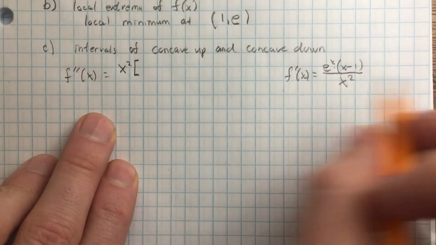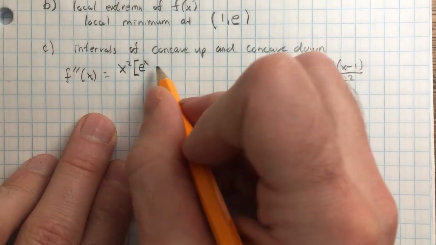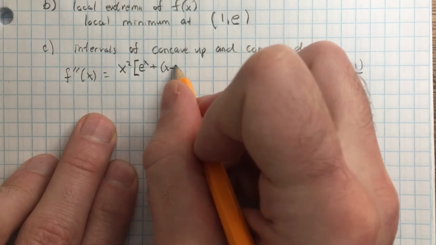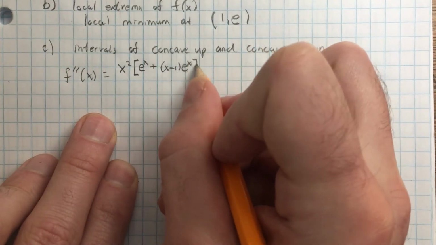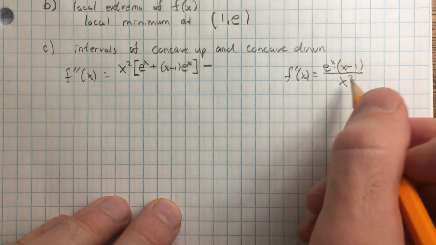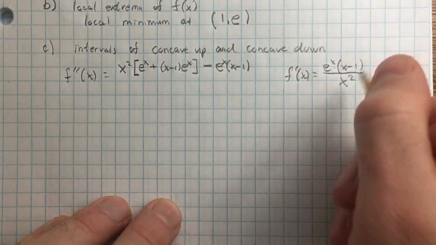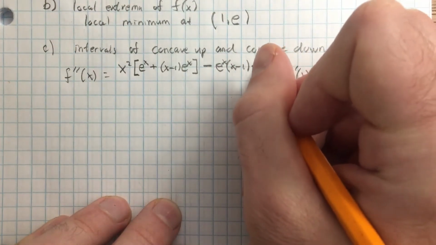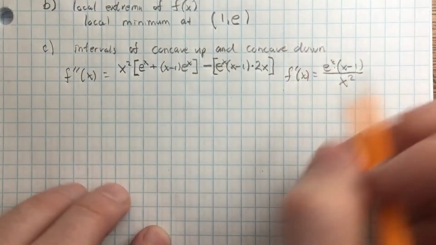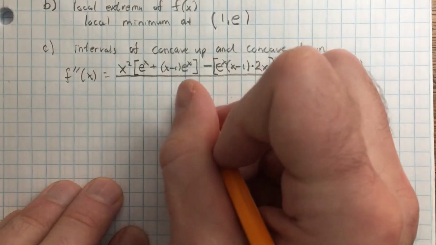The derivative of the top is a product rule, so I'll have first times the derivative of the second, which is just 1, plus second, which is x minus 1, times the derivative of the first, minus, as part of the quotient rule, top times the derivative of bottom. So e to the x times x minus 1 times 2x, all over the bottom squared. So that's x squared squared, so that's x to the 4th.